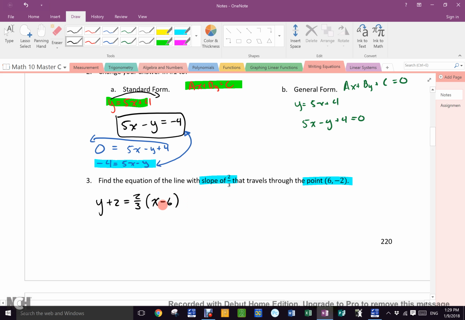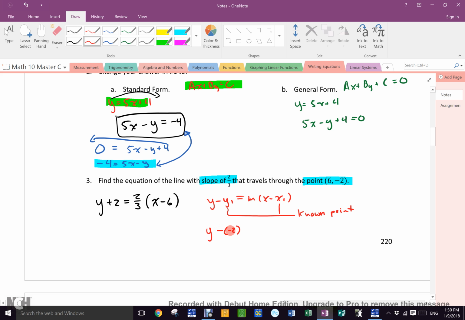So the reason it's this is because this is the format, right? Correct? So, and I know that y1 and x1 are the known point, right? Okay, so y minus the known point. So this is technically y minus minus 2, because the known point was negative 2. Everybody good?